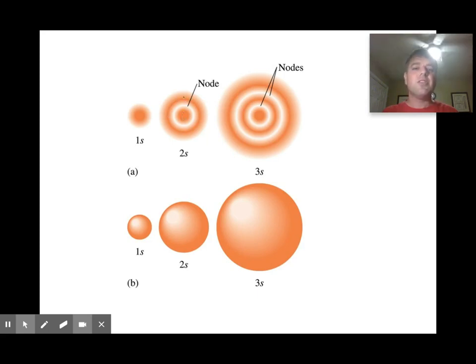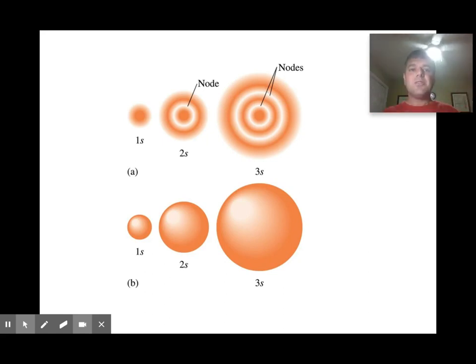So the electron is going to spend more of its time out here because there's more places for it to be. For the 3s, there are two different nodes where it never is, and it can go closer, but the electron is going to spend more of its time in this part of the 3s sublevel.